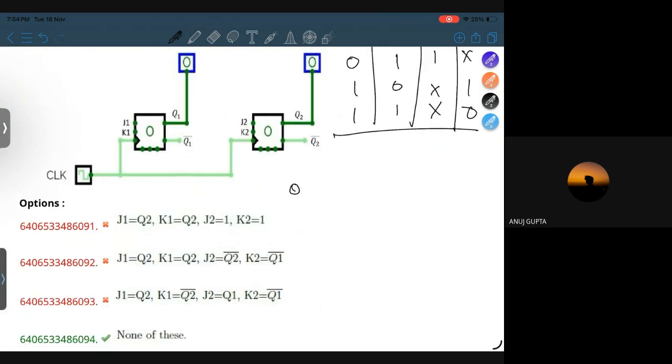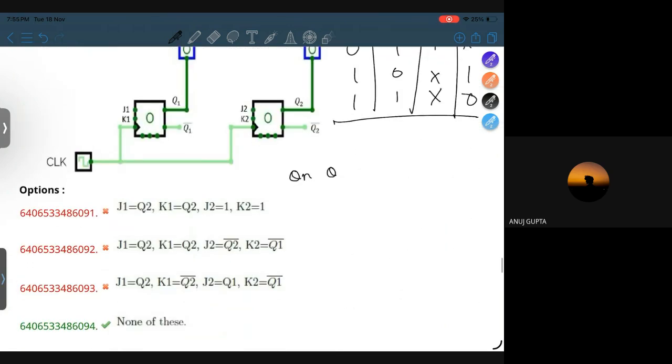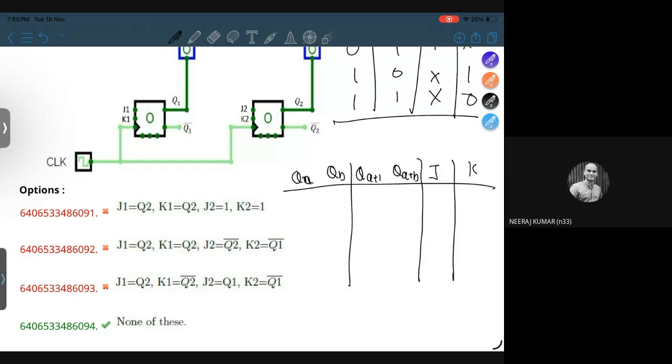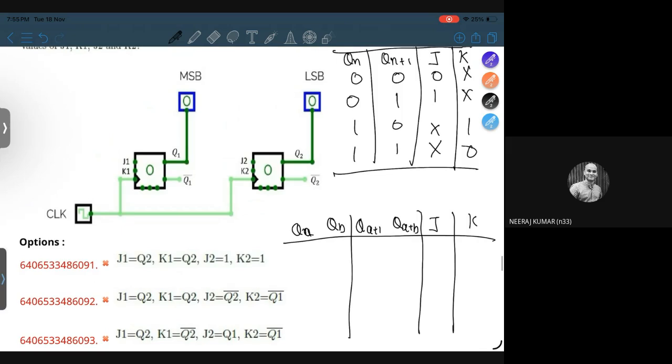Now let me write Qn. We write it as QA, QB, then QA plus 1, QB plus 1, the value of J, the value of K. But there will be two J and K, so J1, K1, J2, K2.